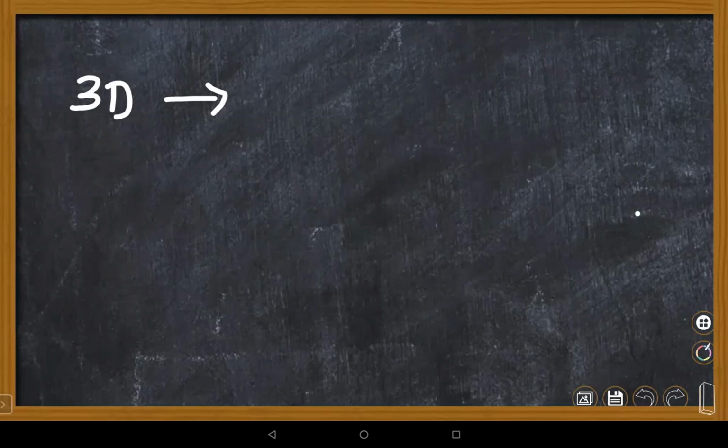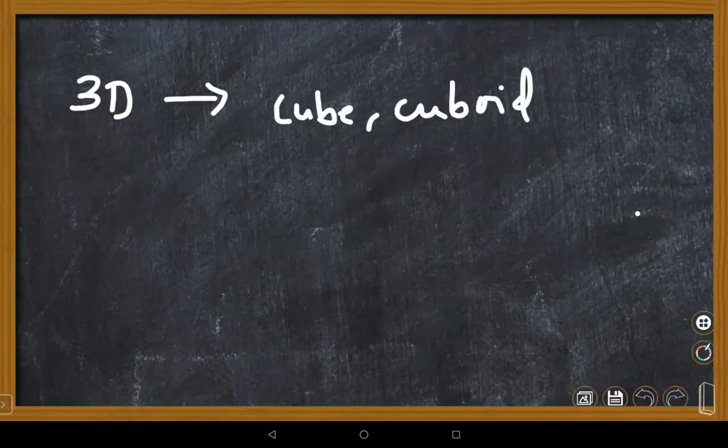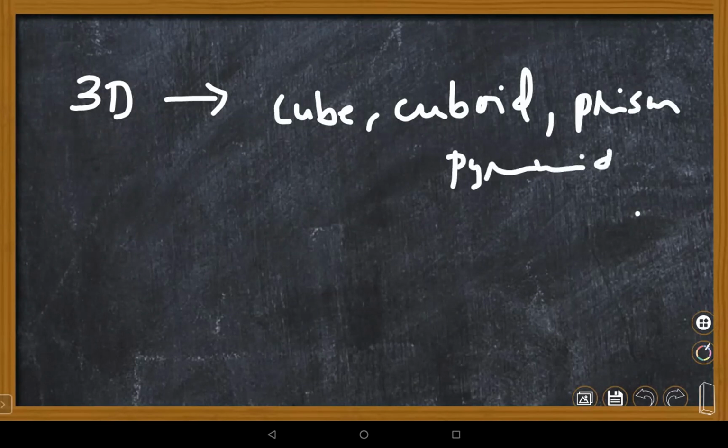Suppose the figures you can take here: cube, cuboid, prism, and pyramid. If you take these shapes, all faces are polygons only.